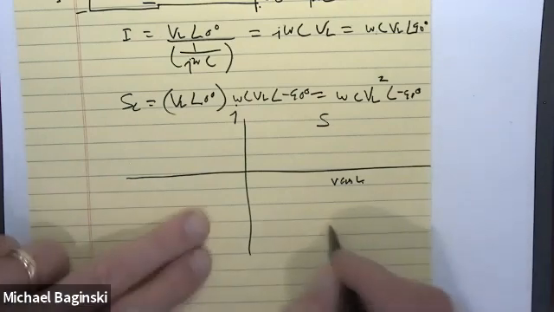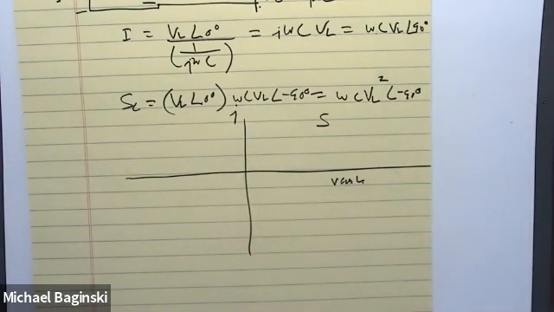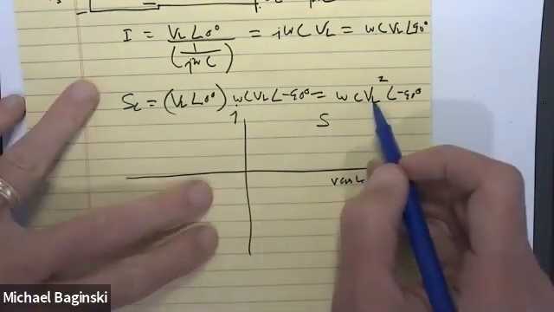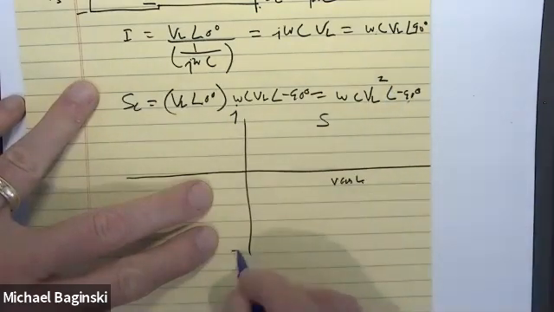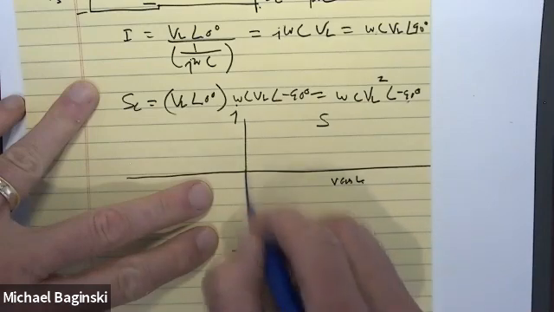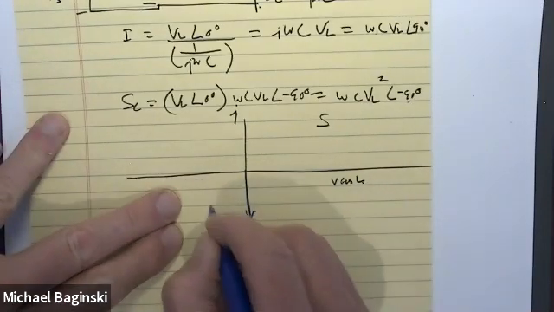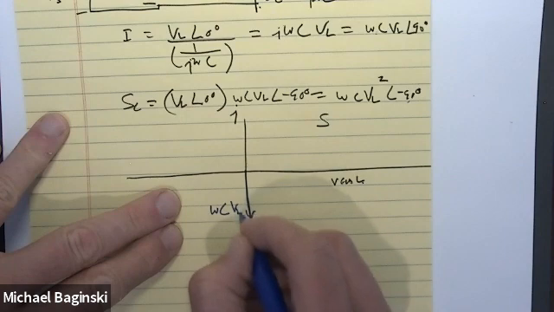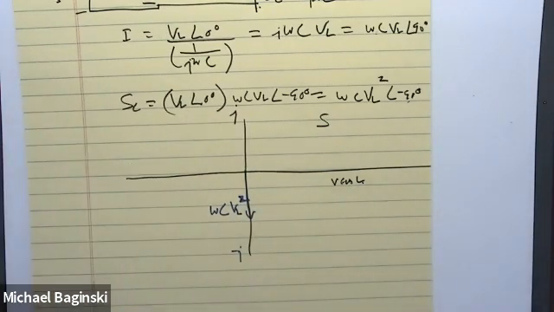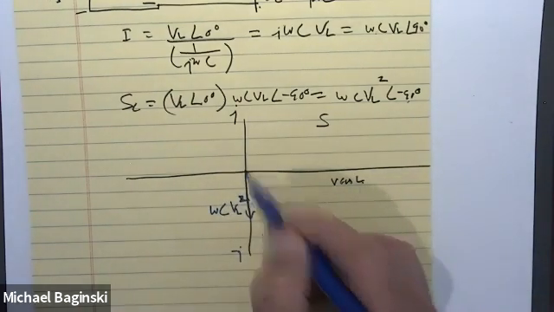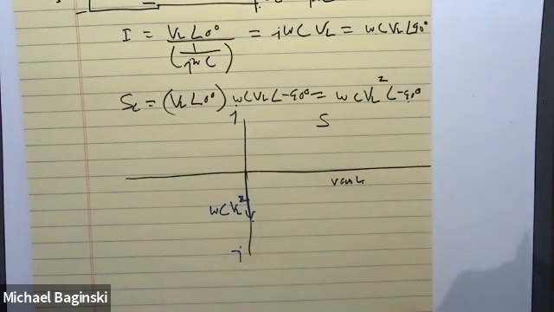For that capacitor, I simply have j omega C times VL squared at minus 90 degrees. Well, that's plus 90. That's minus j, minus 90. So I simply have something down here at omega times C times VL squared. Don't I, class? Now I'm just showing you right now in the complex plane where I have a real and imaginary axis, how this would be represented. That's just for the capacitor.